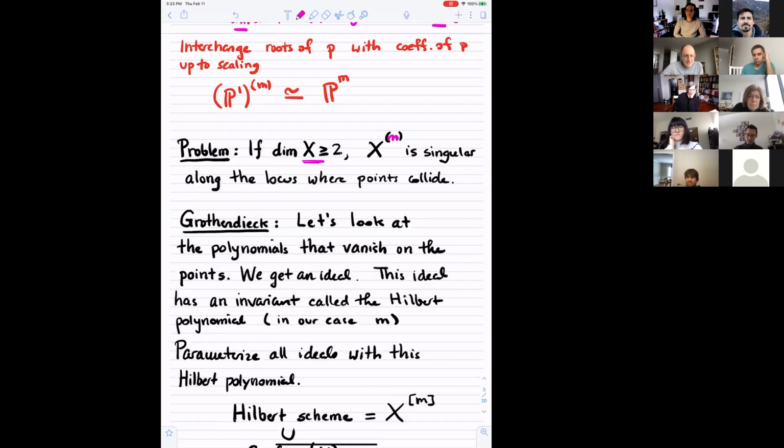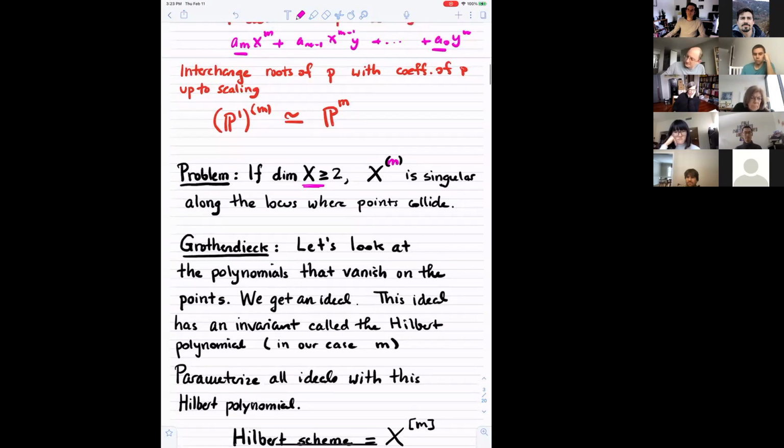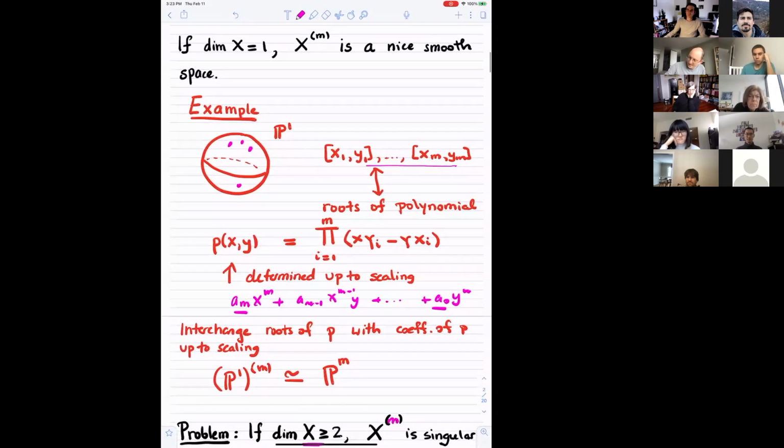All right, so in comes Grothendieck. And Grothendieck had a really nice idea that was very influential in geometry. He said that instead of looking at the configuration space, let's go back to our example of P1. Instead of looking at the m points on P1, let's think of polynomials that vanish on these points.